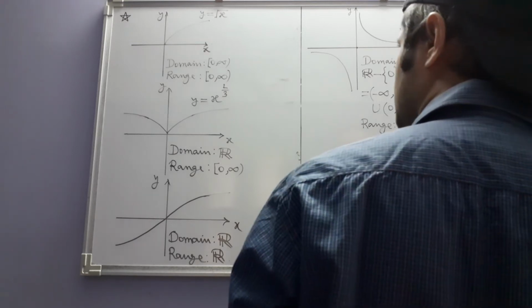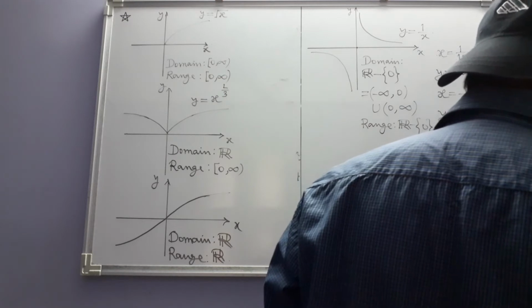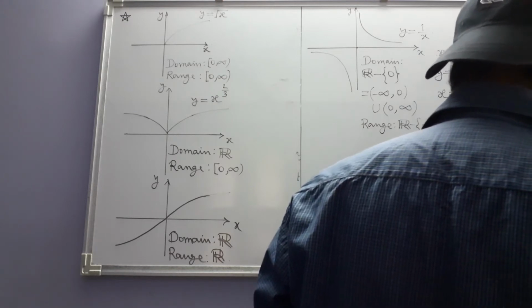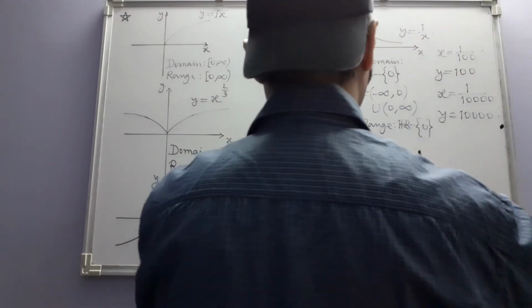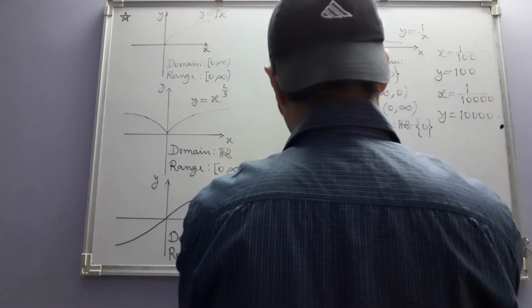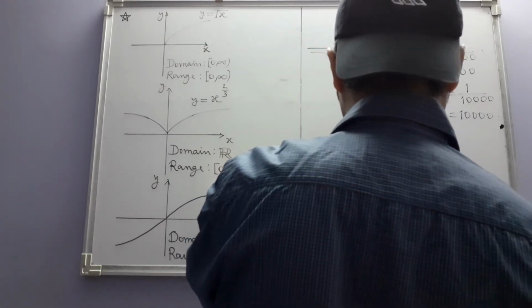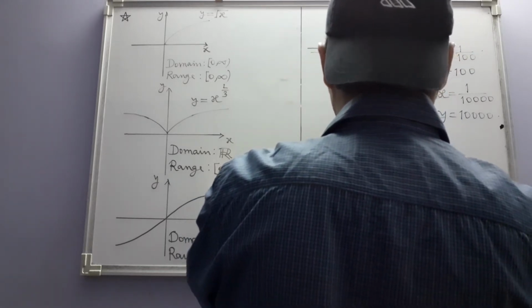So we have seen the square root function, x to the power 2 by 3, the reciprocal function, and then another such function which is not the reciprocal of x but the reciprocal of x square.